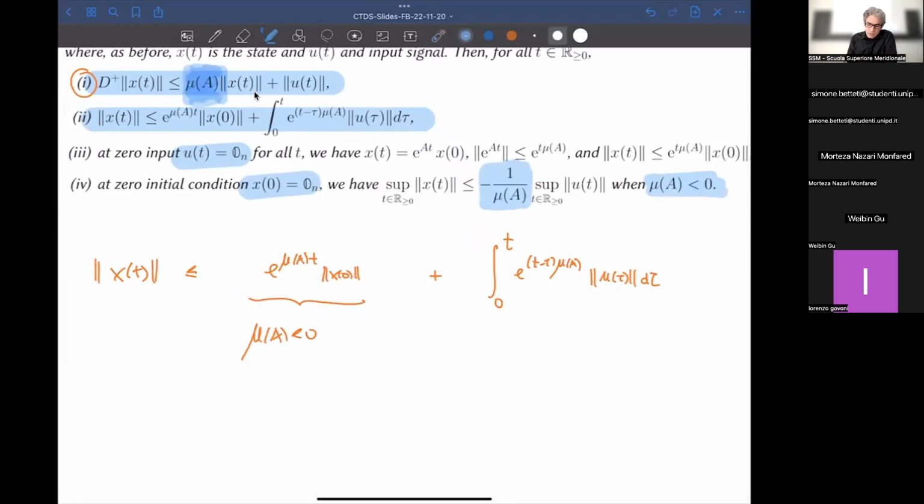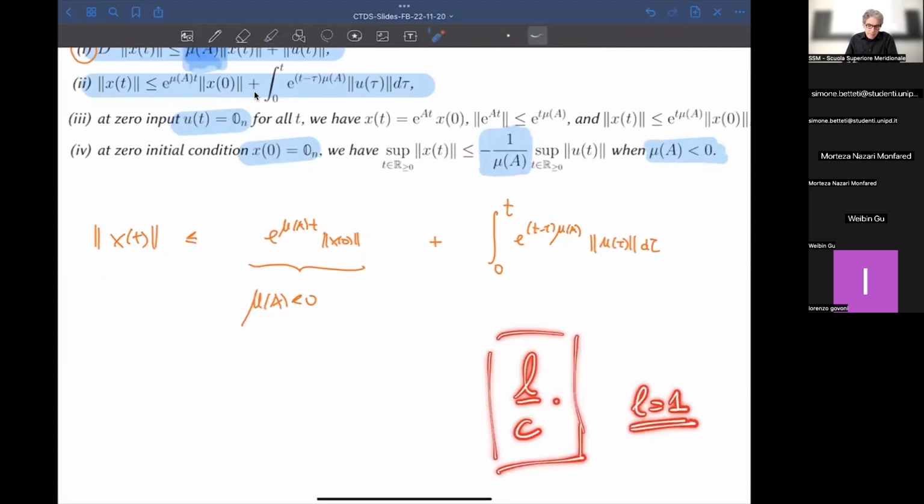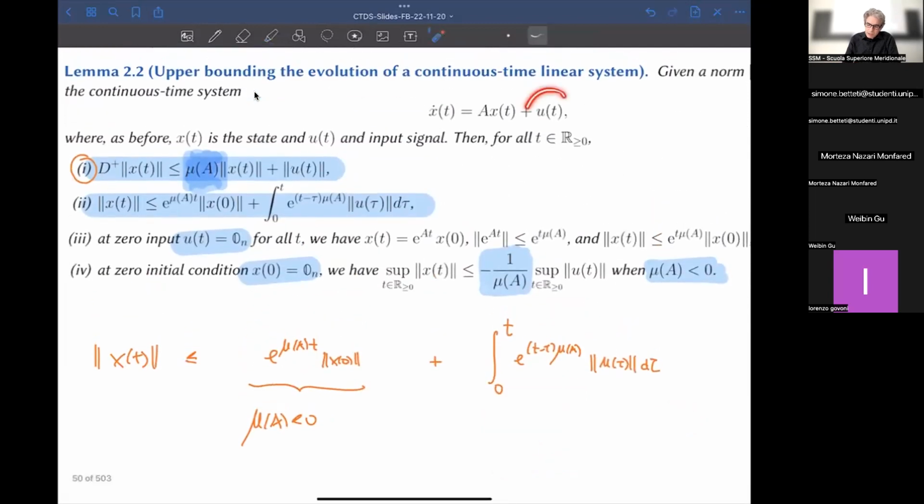So in this formula, the minus sign is needed because otherwise you have a Lipschitz constant that is negative, which would be wrong, right? You need to have the minus sign. It's 1 over mu. What is this reminiscent of? This is reminiscent of the L over C that we talked about in my slides. L here is equal to 1, reason being my input u appears linearly here. There's no coefficient in front of u.